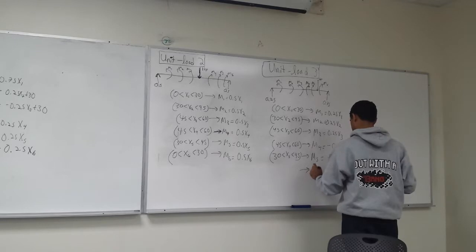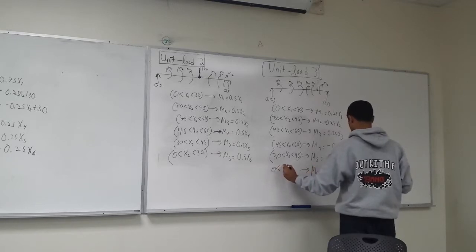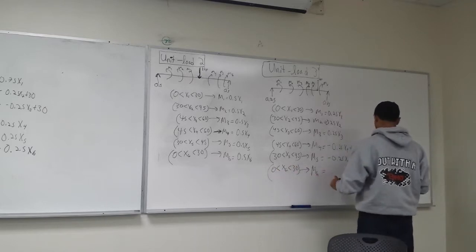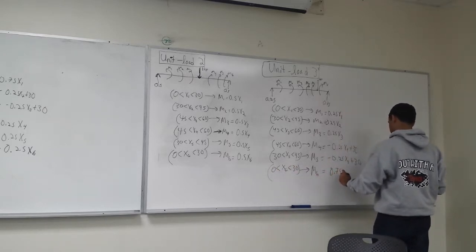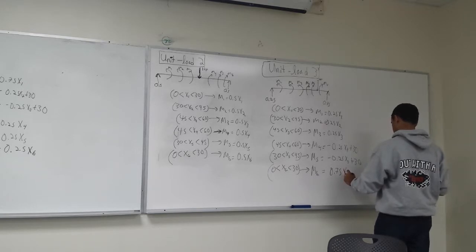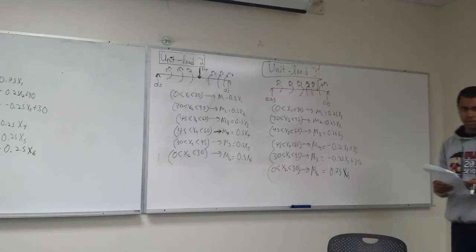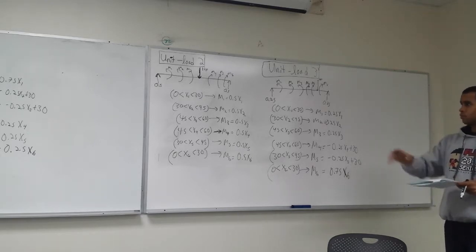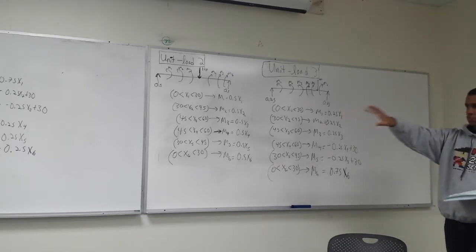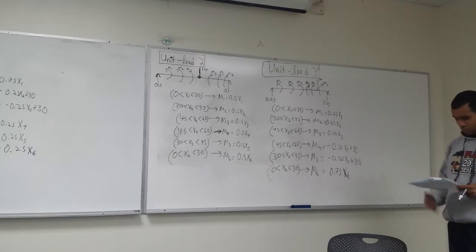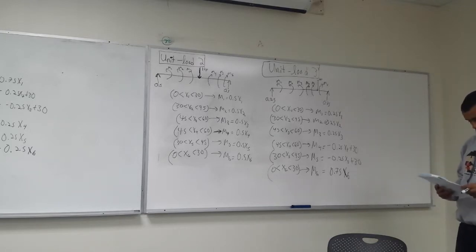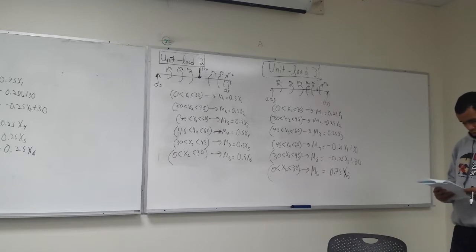And for M6, going from 0 to 30, we have 0.75 times x6. Okay, so we have all of our expressions. Remember these numbers, have them written down, because we will need them to do our integration. So now we're going to do integrals. And pause.